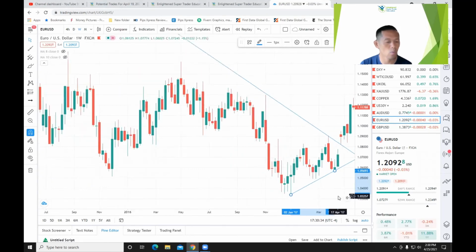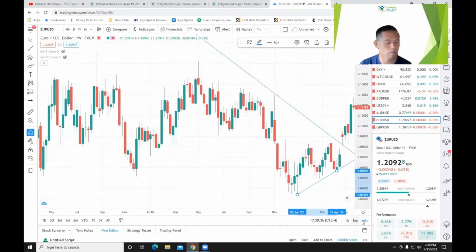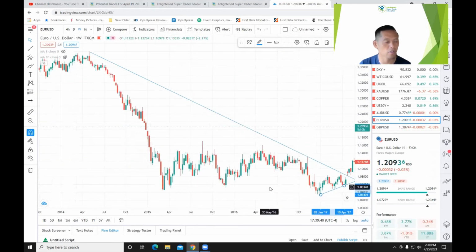Okay, so why are trend lines so important? Trend lines are important because they also act as support and resistance to define the trend. So for example, let's go through here. Notice after the breakout, your trend line can also be used as a support or resistance.